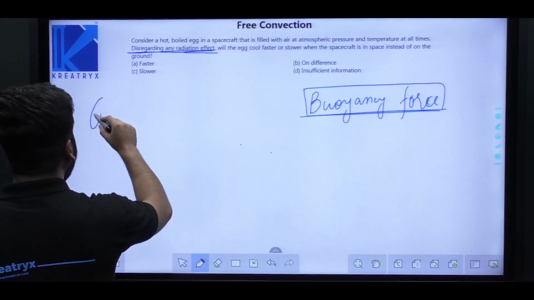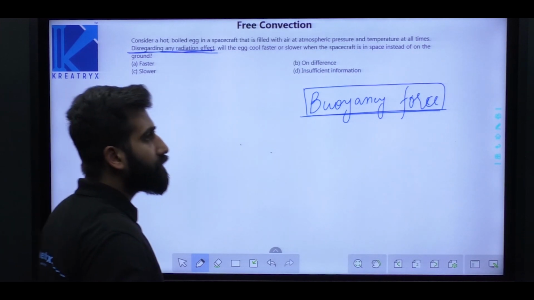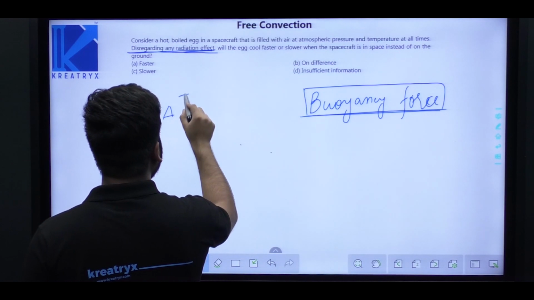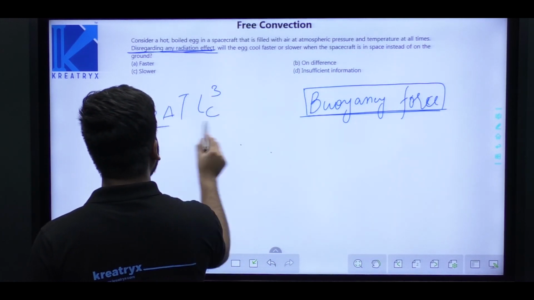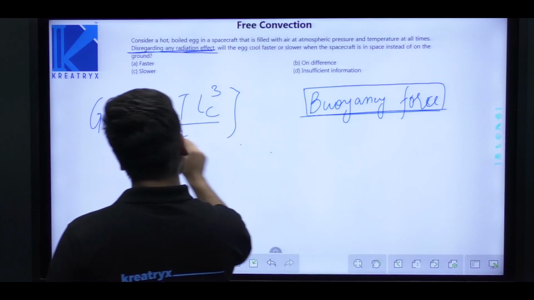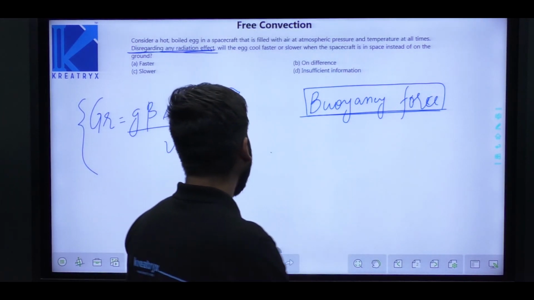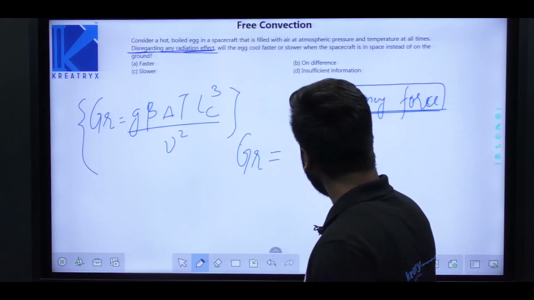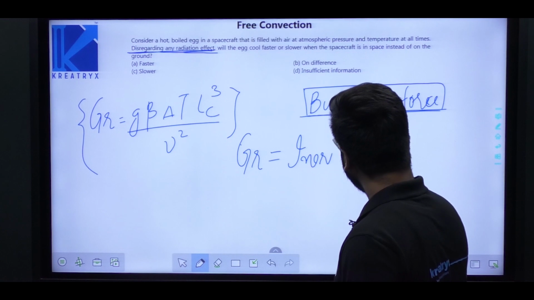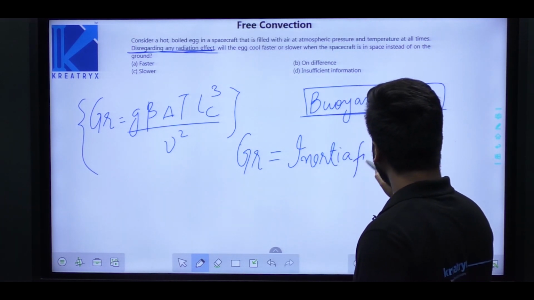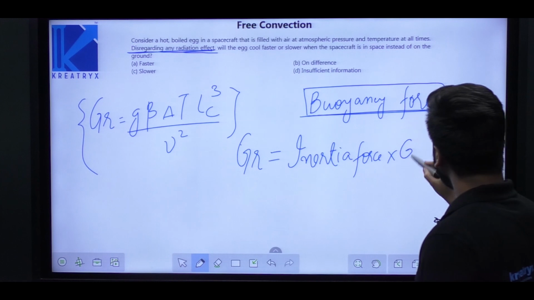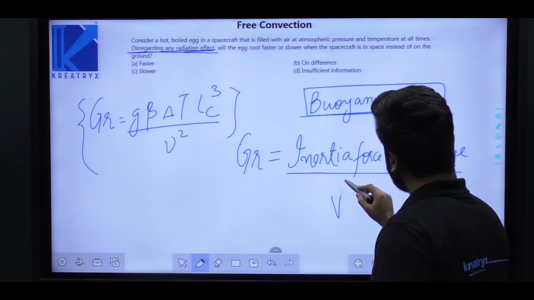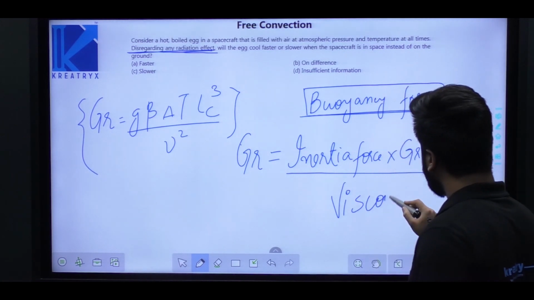The mathematical formula for the Grashof number is g beta delta T Lc cube by nu square. This you must have studied. But what is the significance of the Grashof number? What does it signify? The Grashof number is inertia force into gravity force upon viscous forces whole square.